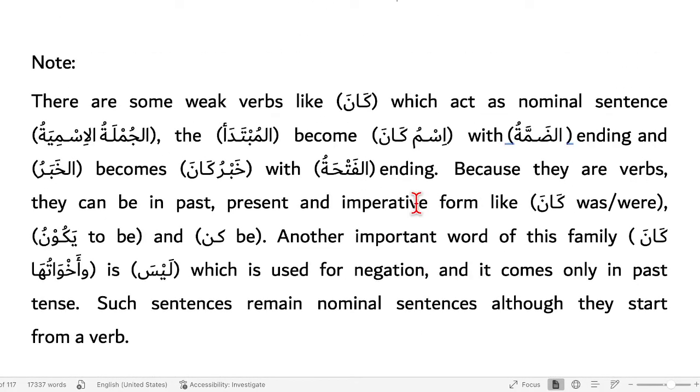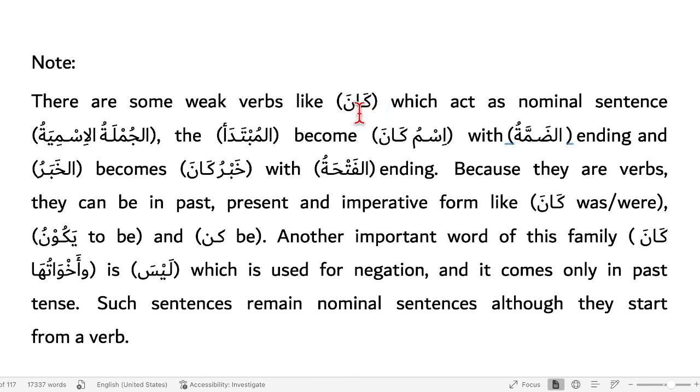One last thing here: there are some verbs that start with a verb, so they are like jumla fi'liya, but they act like ism. For example, kana, we call it kana and its sisters. Kana means he was.